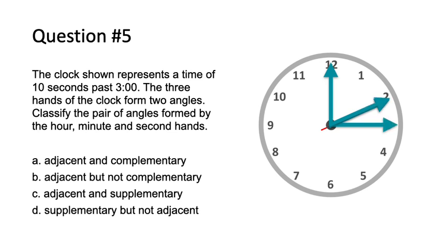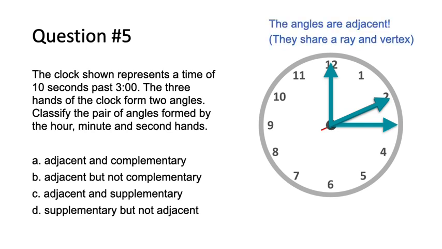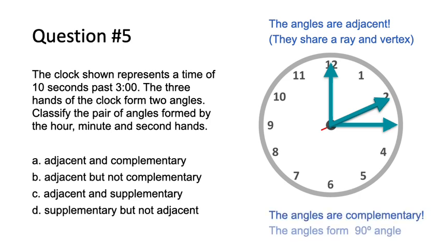And I know that that's 90 degrees from the 12 to the 3. So these angles, first of all, are adjacent because they share a ray and a vertex. They are complementary because they form a 90-degree angle. So option A is the best answer. The 2 angles are adjacent and complementary.